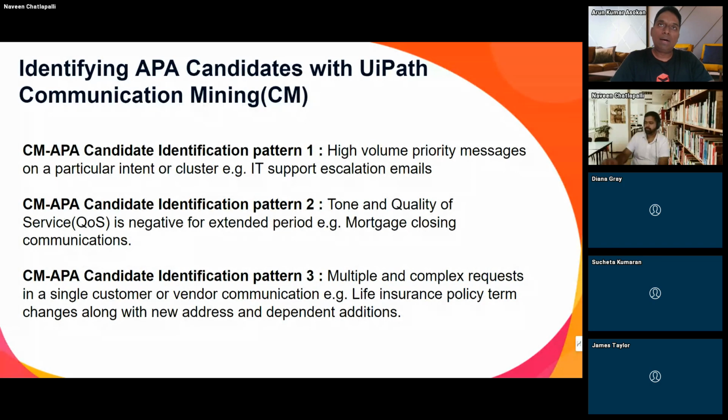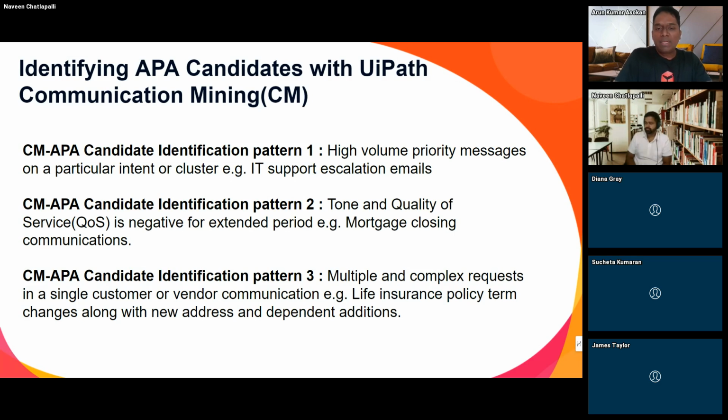Let's say in IT support escalation or claims support, or anywhere where we have a lot of priority messages but we don't have enough resources to cater to them because of the resource crunch. Those areas can be easily identified and APA can be applied in real time.